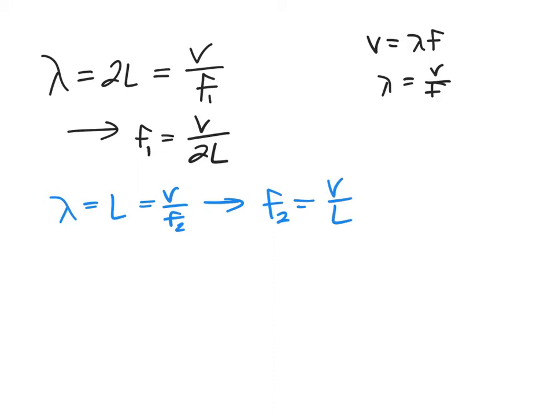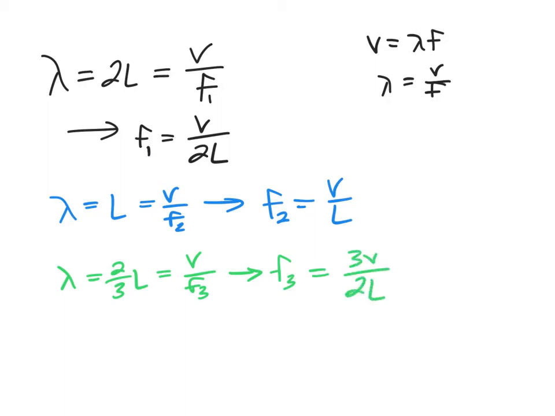And in the third one, we still have the same wavelength, and it equaled 2/3 of L. Again, we would have V over that, for the third frequency. When you flip all of that around, the third frequency is 3V over 2L.